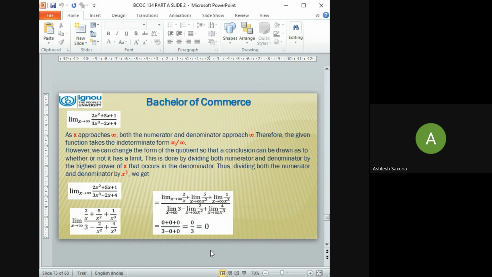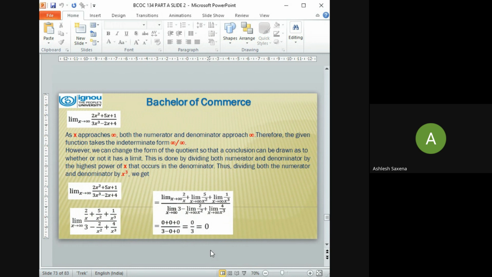It is not to infinity, but it is approaching infinity. So when mathematically we say that x is approaching infinity, the numerator and denominator both will reach infinity. That means it will be in the form of infinity by infinity.